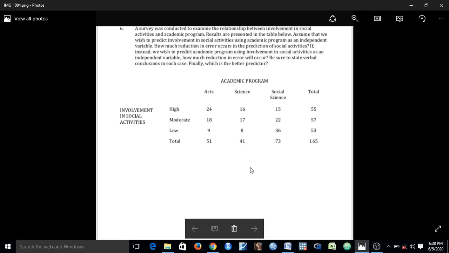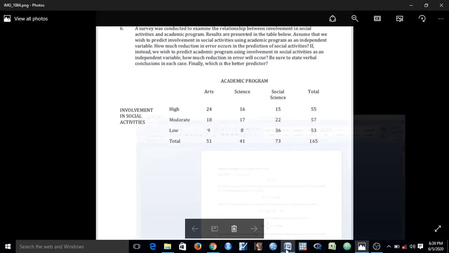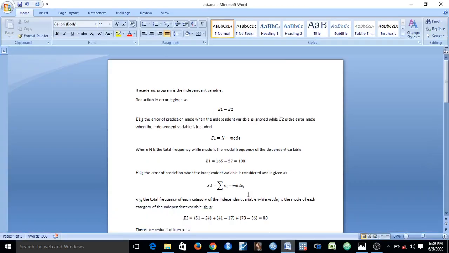We need to find the reduction in error if we use academic program as the dependent variable and involvement in social activities as independent, and the reduction in error if we use involvement in social activities as the dependent and academic program as the independent. I will take you through how to solve this kind of question.